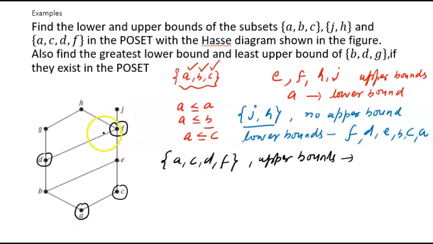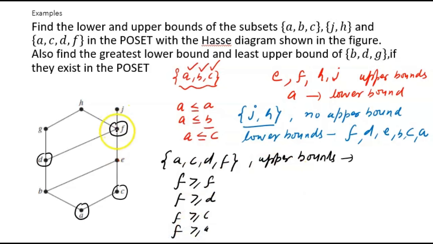This is important because the students in this example will make a mistake. Did you notice that F is greater than or equal to F, right? Because every element is associated with itself. F is also greater than or equal to D, F is greater than or equal to C as well, and F is greater than or equal to A as well, right?